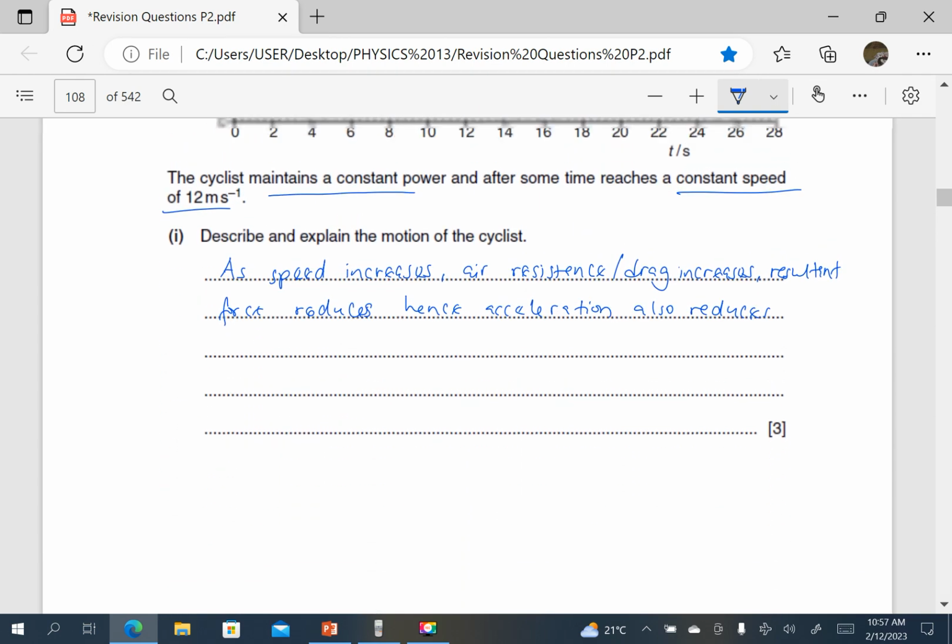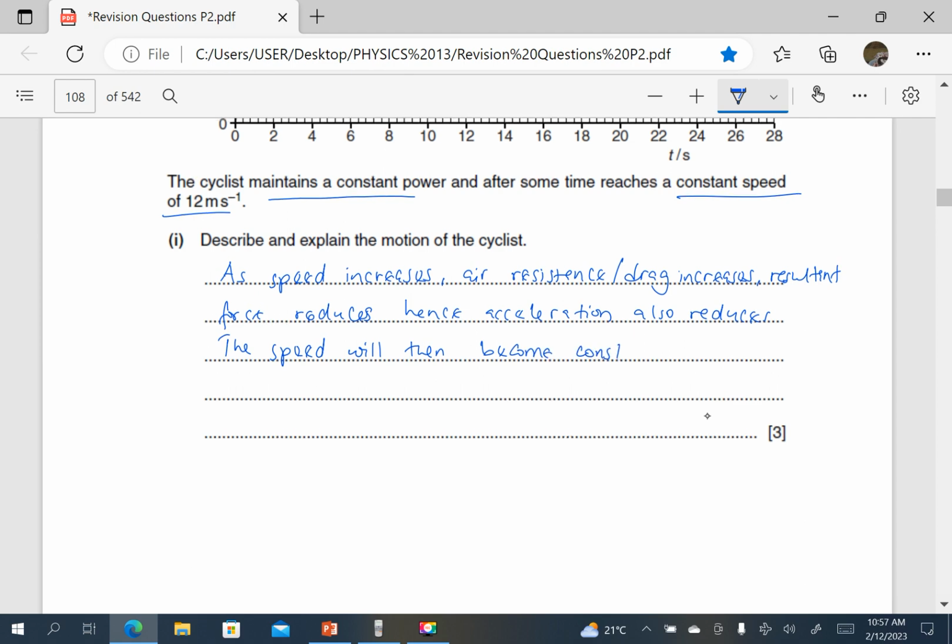The speed will then become constant when the resultant force is zero, and of course the acceleration will be zero.